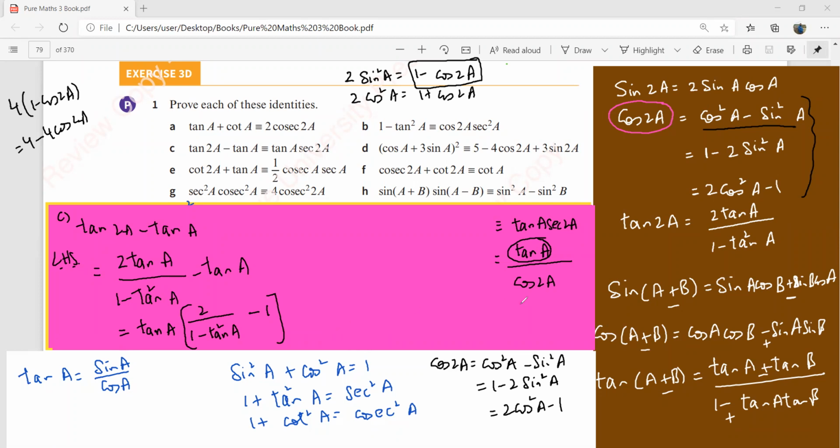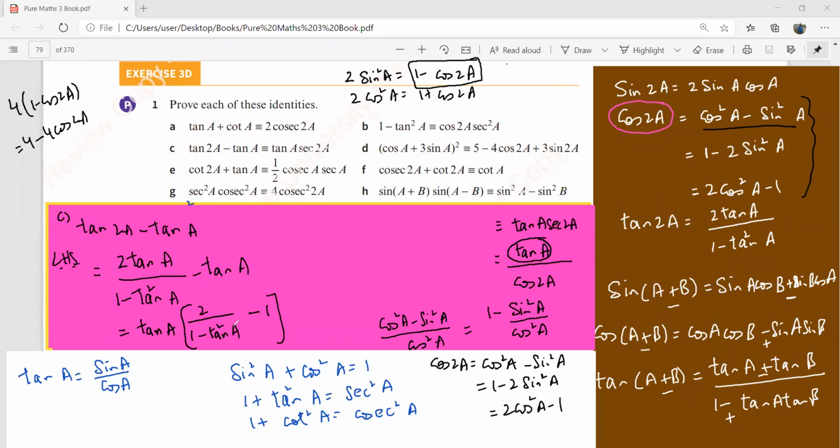Yes. Okay, 1 minus tan square A, that is 1 minus, just to manage some space, I'm writing it here, the denominator. If I take the LCM, this becomes cos square A minus sine square A over cos square A. Yes, this is like this, right?